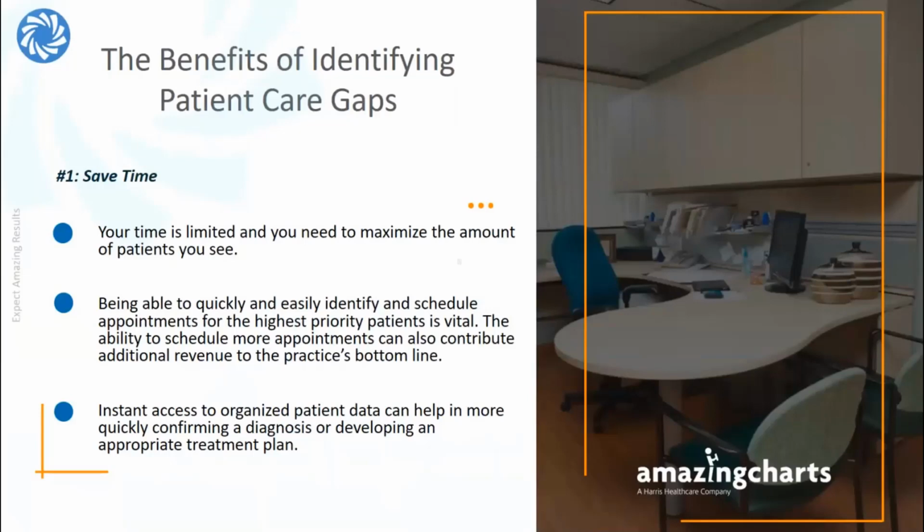The more patients you see, the more money you're going to bring in. And you need instant access to this organized data. If it is organized in this easy to read fashion, it makes it easier to see a breakdown by diagnosis or develop an appropriate plan when you're seeing these patients.